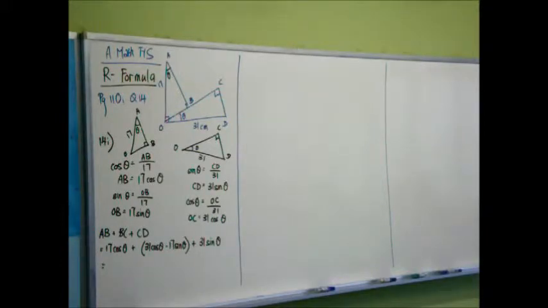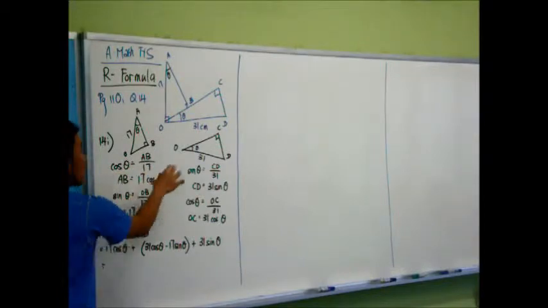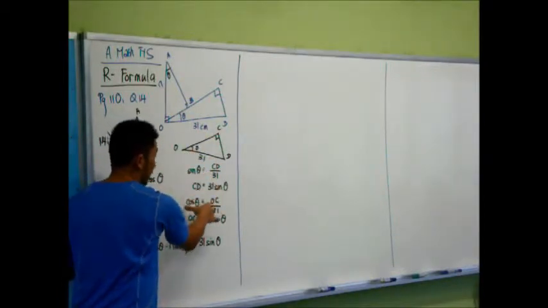I didn't do anything special. Notice, between this right angle triangle, I write out what is my cosine and sine.